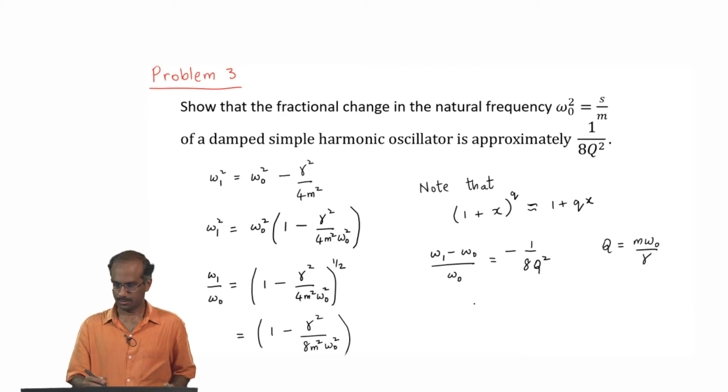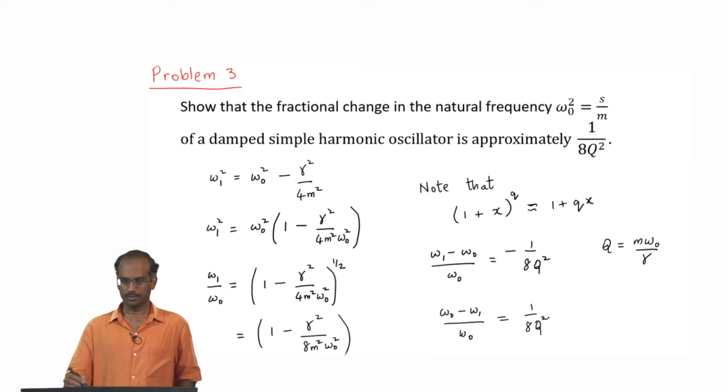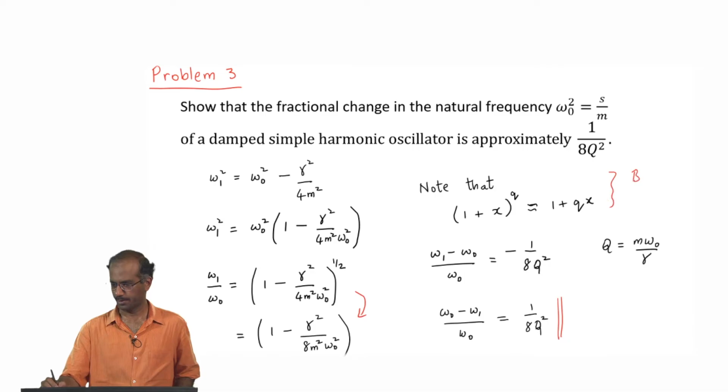And now with a slight rearrangement, omega 0 minus omega 1 by omega 0, which is the fractional change in the natural frequency, would be equal to 1 by 8 q square. So, this is the answer that is required, and the approximation here was done by applying the binomial approximation.